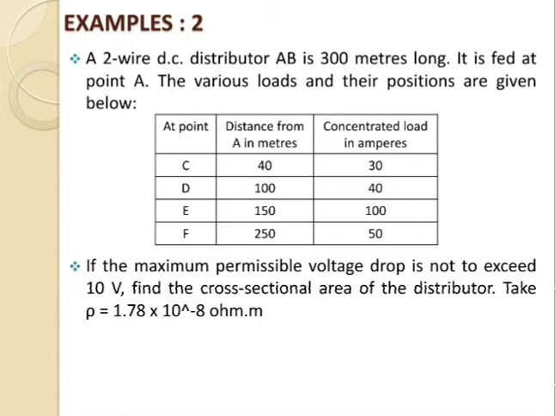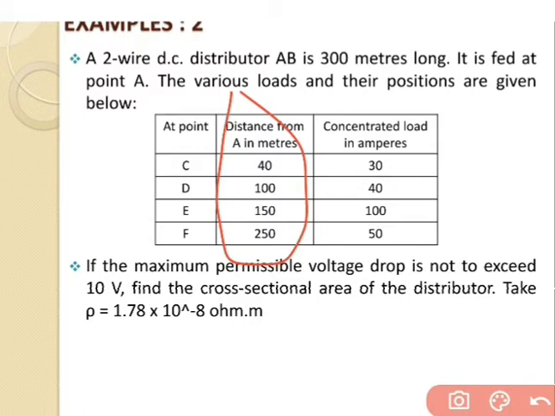The distance from A in meters is given as 40 meter, 100 meter, 150 meter and 250 meter, and the concentrated loads in amperes are 30, 40, 100 and 50 ampere.